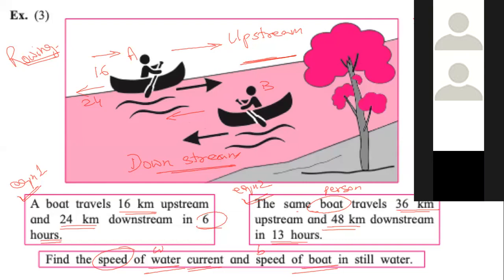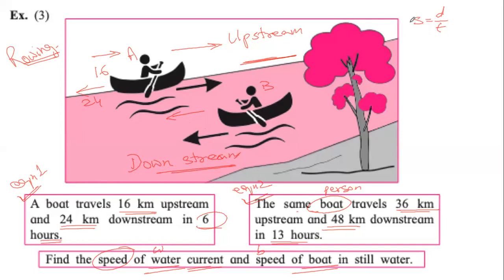And the main formula that we have is speed equals distance upon time. So if we simplify it, we can also say that speed into time equals distance, we can also say time equals distance by speed, right? We have distance, distance, time.